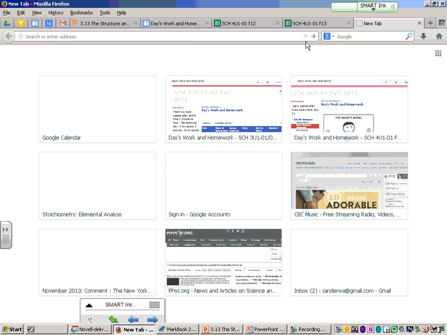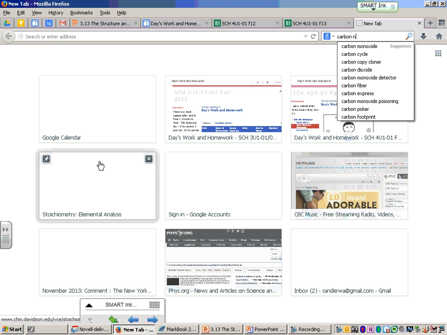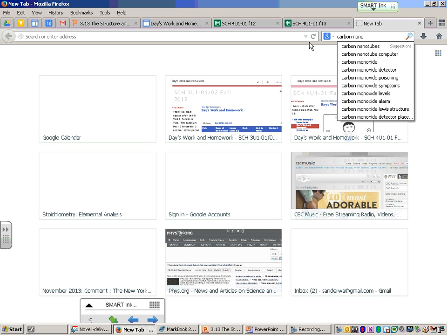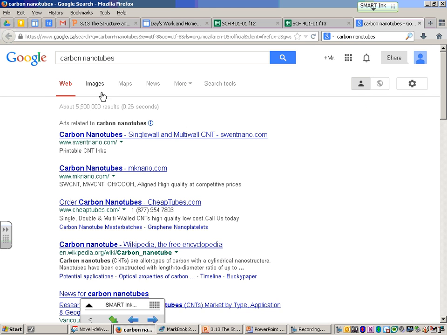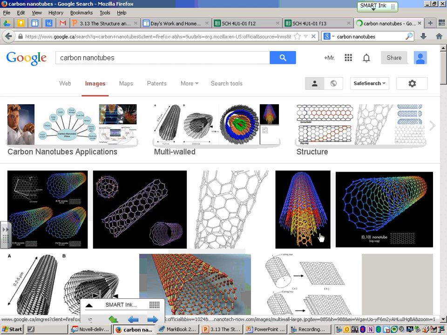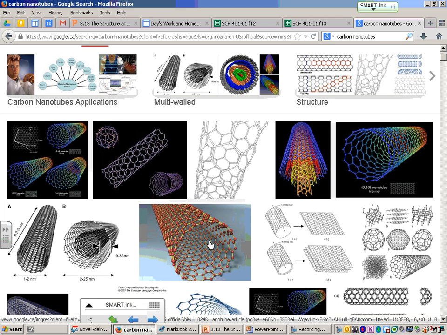So if I do a little search here for carbon, let's go with carbon nanotubes, images. All right. Now, you may have seen pictures like this on Sheldon's T-shirt if you've watched The Big Bang Theory, right? He wears this T-shirt that says carbon nanotubes.